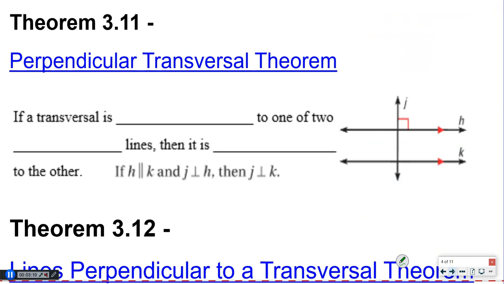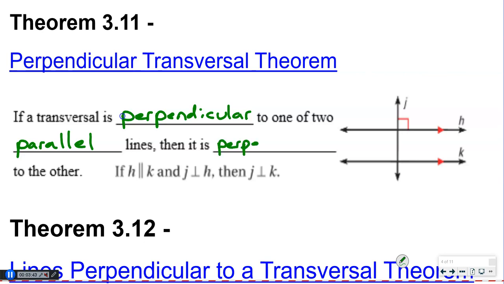Theorem 3.11 states, if a transversal is perpendicular to one of two parallel lines, then it is perpendicular to the other.